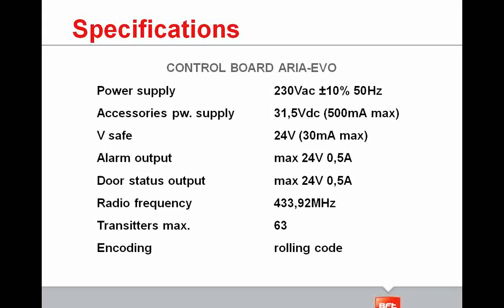The alarm output and door status output are present for this door also. And here you can also add all the BFT control board accessories, the remote controls, the normal Mito or Cleo.